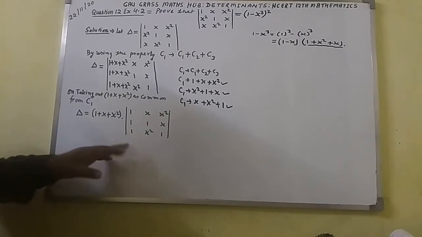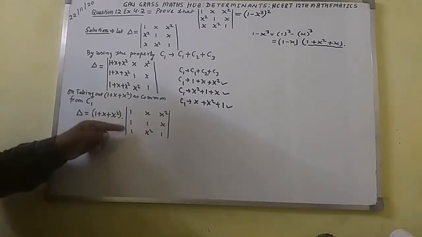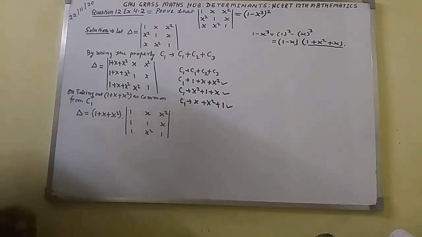Here you can see in this determinant, the elements of the first column are the same, that is 1.